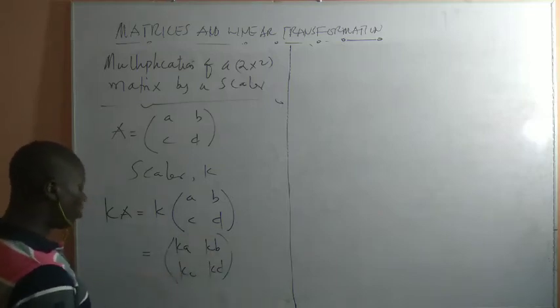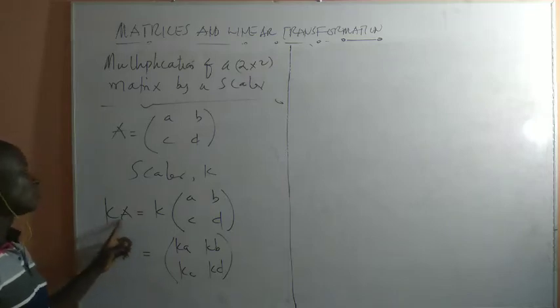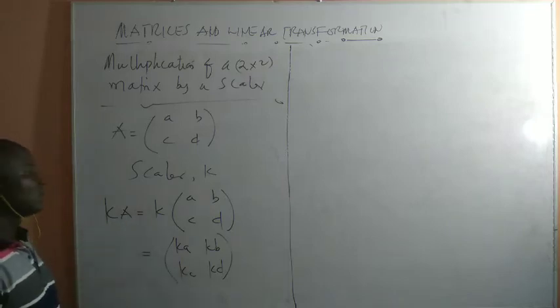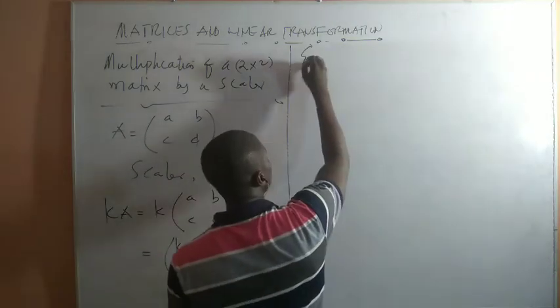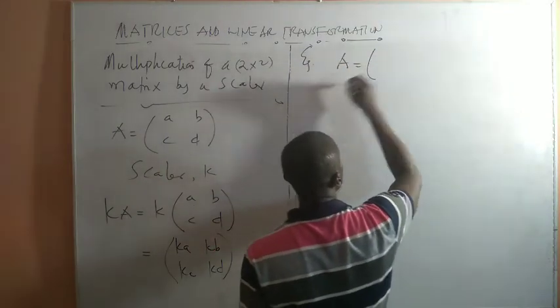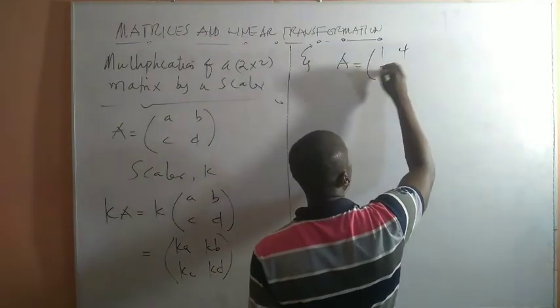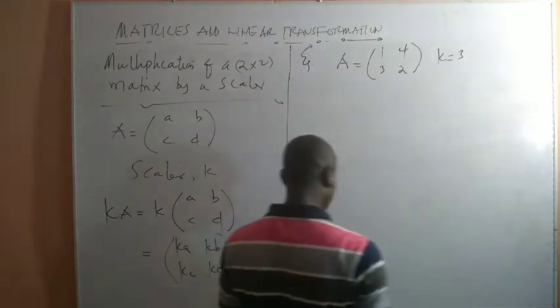So in all, when you have a scalar multiplying a matrix, the scalar will multiply all the elements of that particular matrix. Now, let's take a look at an example. Let's assume that we are given the matrix A to be equal to [1, 4; 3, 2], and you are given the scalar to be 3.